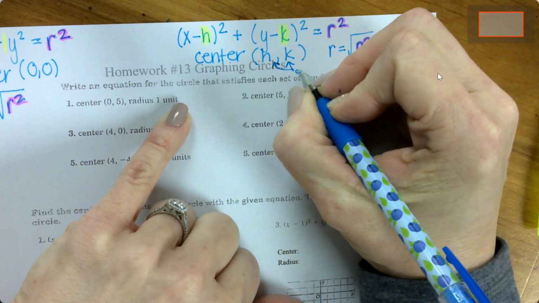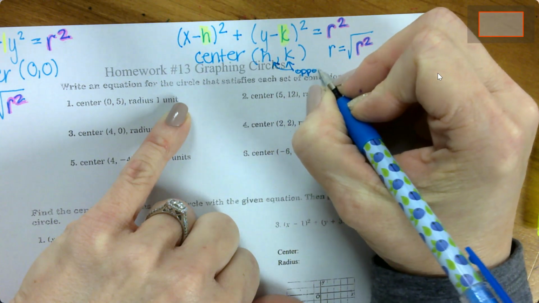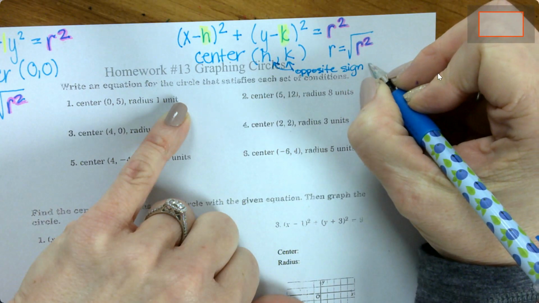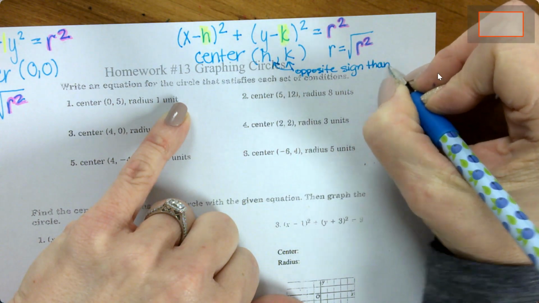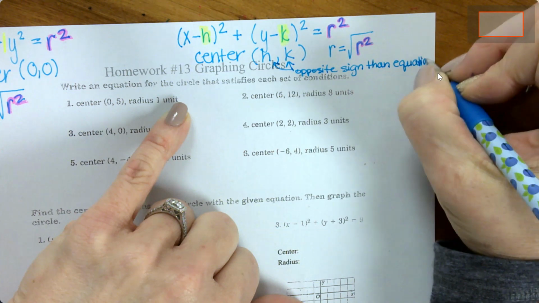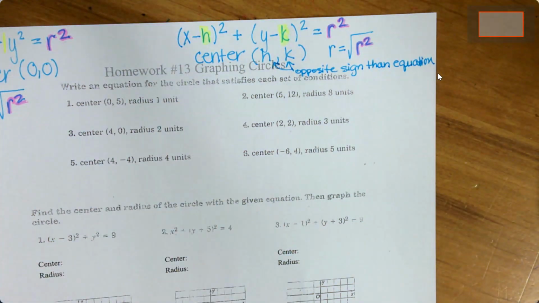So I'm going to show you kind of how all that works. And you're going to see, as long as you remember opposite, you'll be good. Okay, so for these up here, you are given the center and you're given the radius. So we're going to write an equation. Okay, that's our first task, is to write an equation.